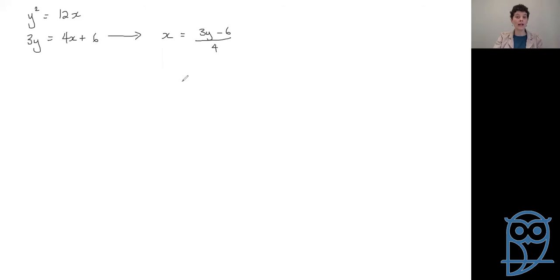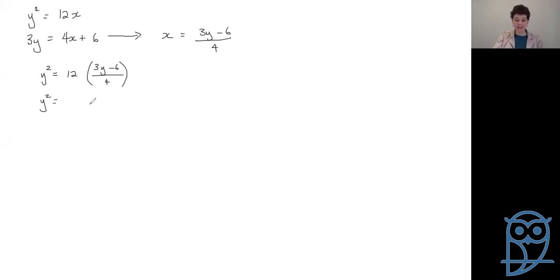Now we can go ahead and substitute. So y squared equals 12 times 3y minus 6 over 4. Because it doesn't matter if we solve for x first or y first. What matters is that we keep things as neat, tidy, simple, and efficient as possible. So y squared equals the 12 and the 4.